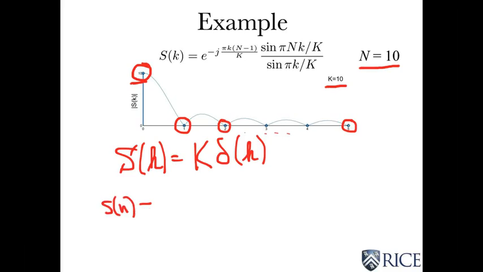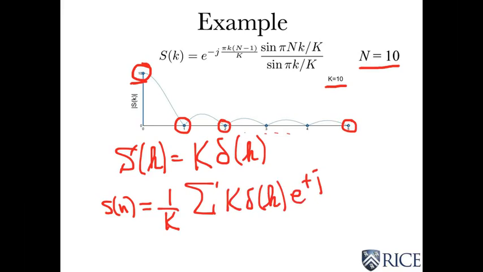So here's the inverse DFT formula, and I'm going to go ahead and put in the formula for our spectrum, and we multiply by e to the j 2 pi n k over capital K. Well, the capital K's of course cancel, and the only thing we get because of the unit sample is just the first term when k equals 0.